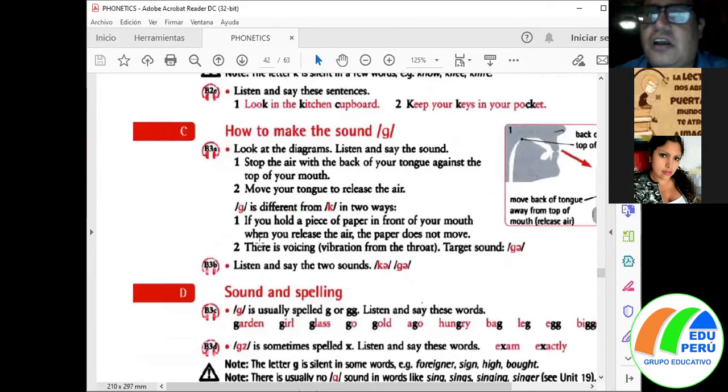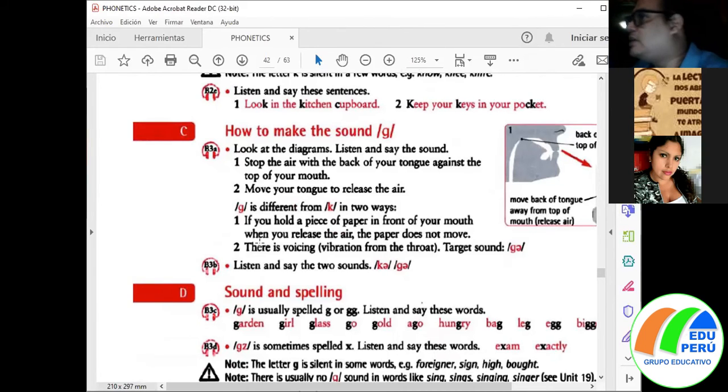Let's continue with the sound G. It's similar, but again, the difference is in the aspiration, apart from the voice. The first one is voiceless, no vibration, but the second one is voiced, with vibration. But the other difference is the aspiration. With K the paper moves.